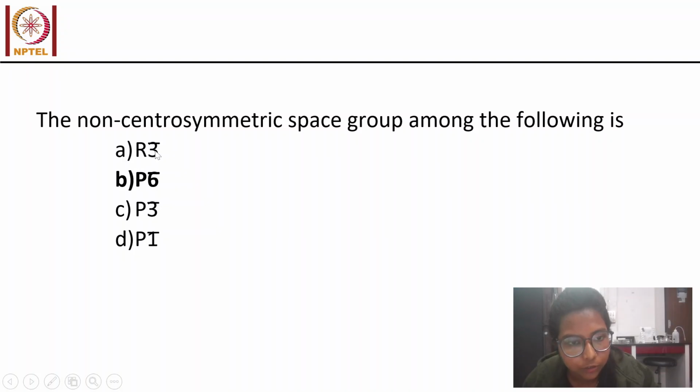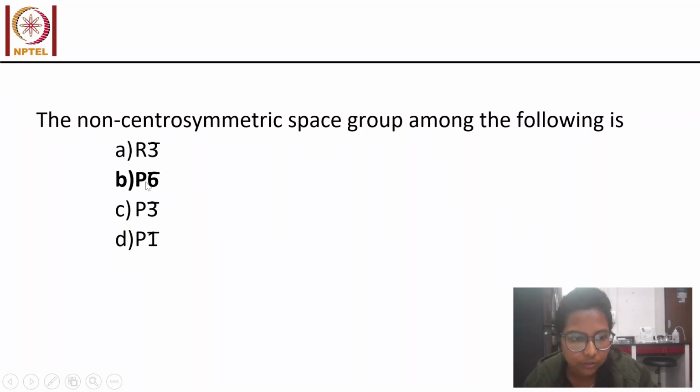If this is the space group, the main difference between space group and point group is the translation. So at first we will remove the translation element. So from R3 bar we will remove the R. Then what we end up with is simply the point group. So here the point group is 3 bar.